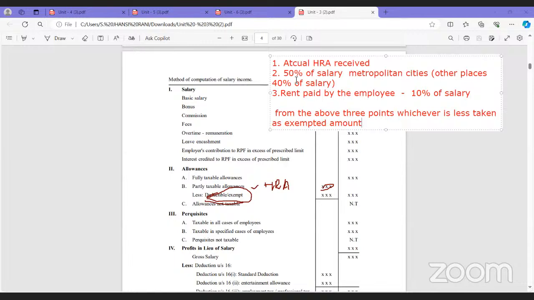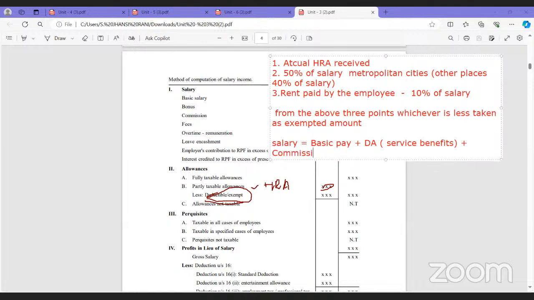Then what does salary mean? It is not gross salary, and it is not net salary. Salary here is equal to basic pay plus DA, if it enters into service benefits or retirement benefits, plus commission on turnover.